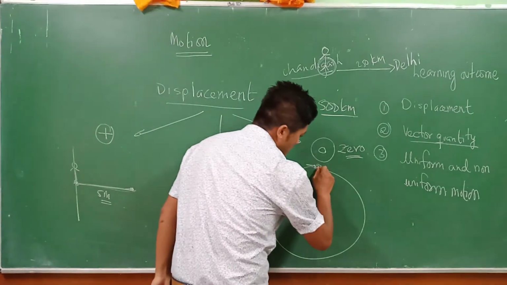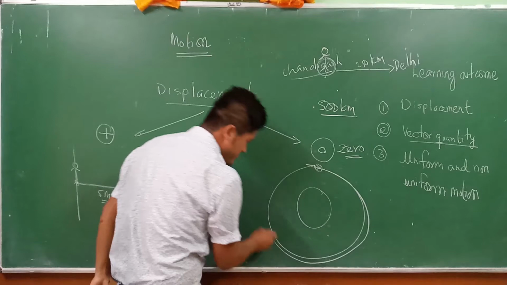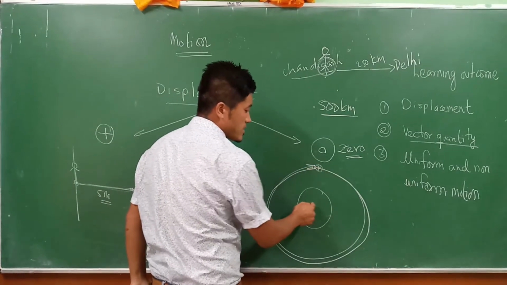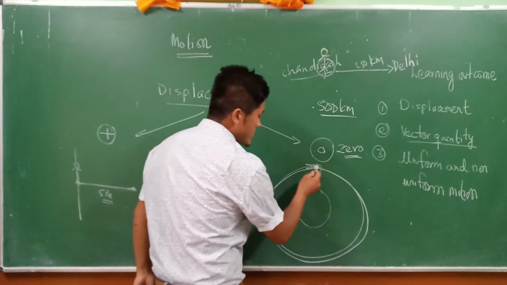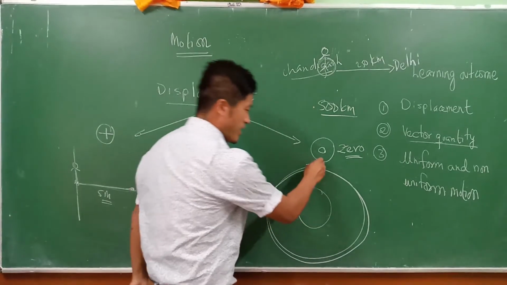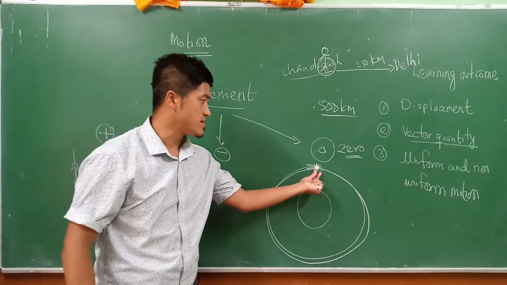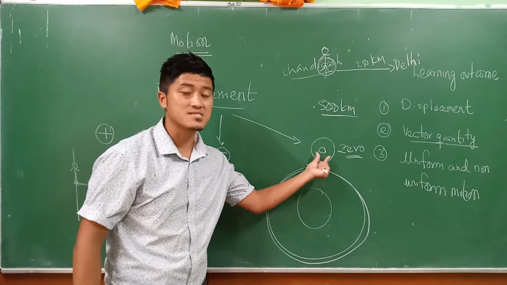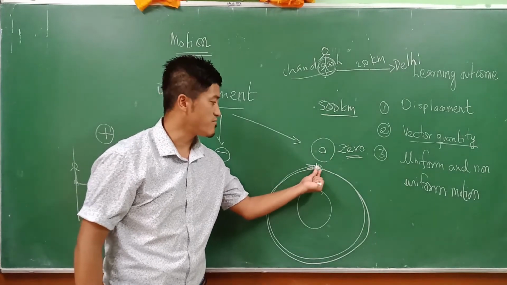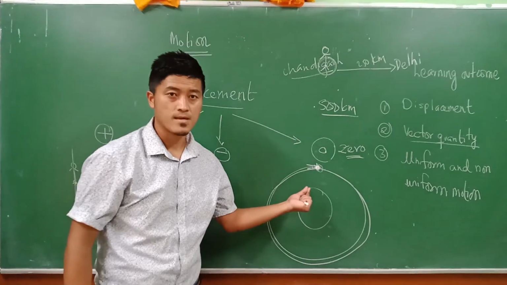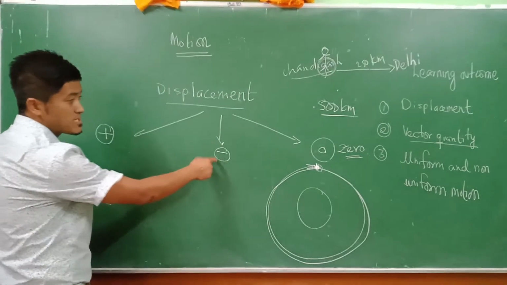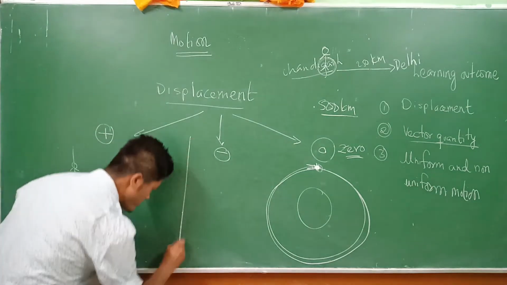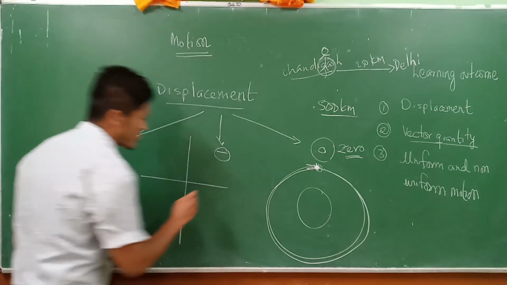If a satellite makes one total revolution around the Earth, its final position will be over here. That means its initial position and final position are both at the same place. We call this kind of displacement zero. Why? Because initial and final are at the same place. Understand?